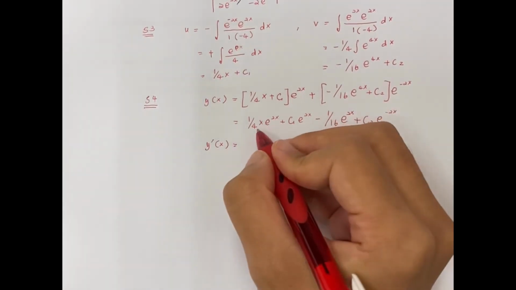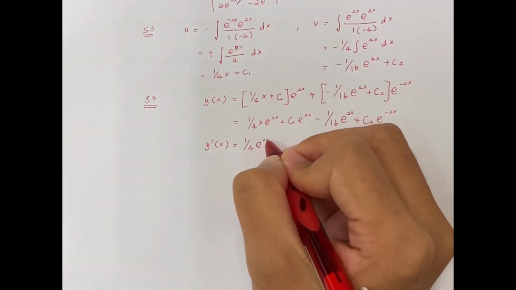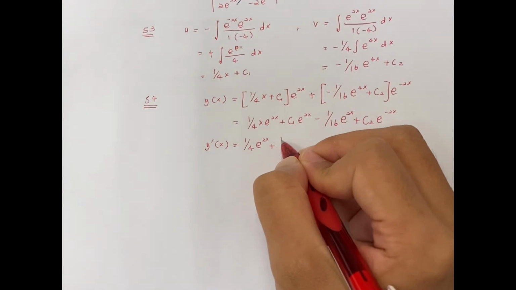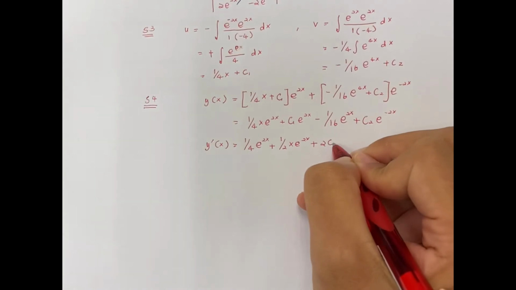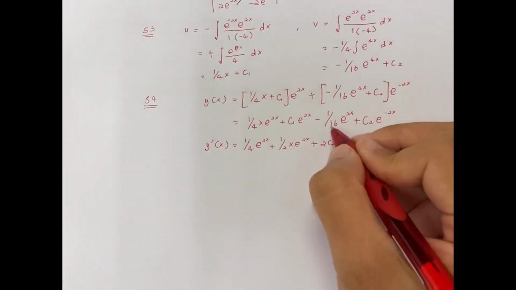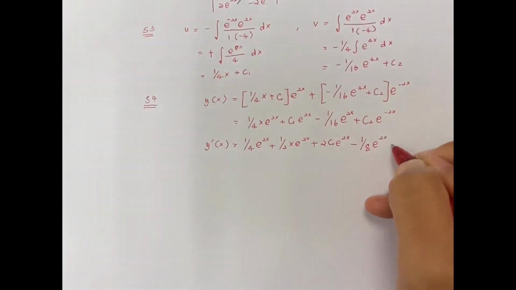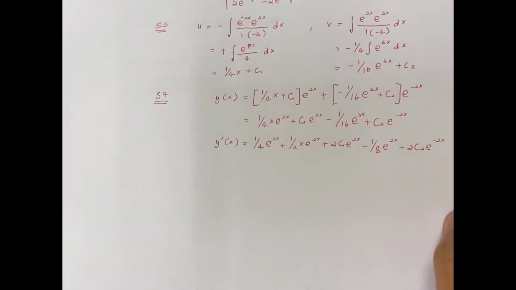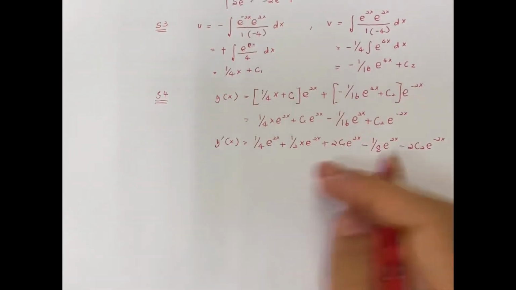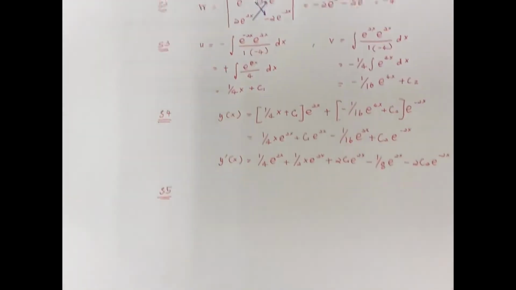Y prime x for this is equal to 1 over 4 exponent 2x plus 1 over 2x exponent 2x plus 2c1 exponent 2x minus 1 over 8 exponent 2x minus 2c2 exponent negative 2x. Okay, do the differentiation.